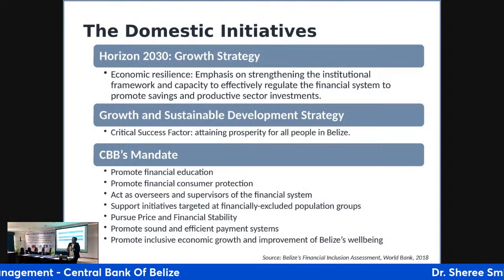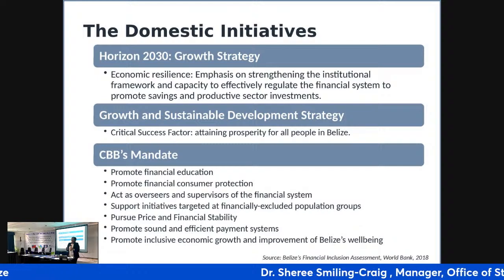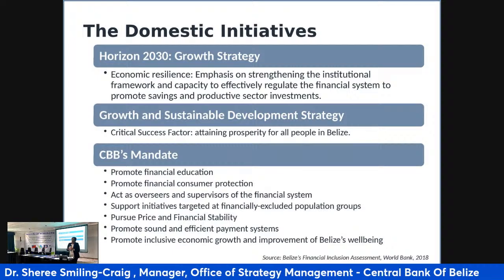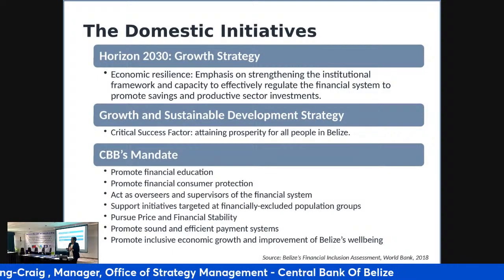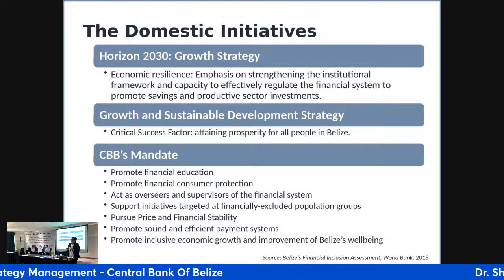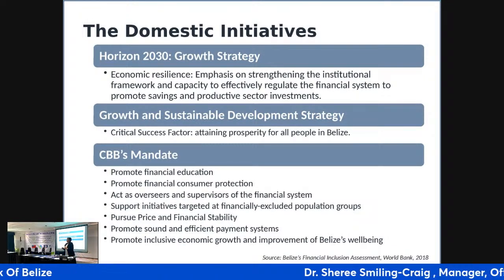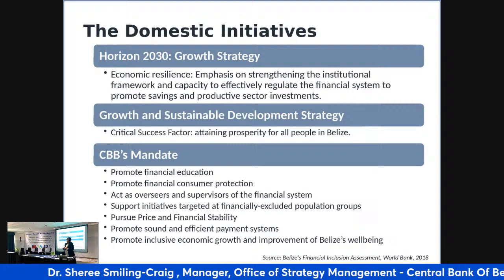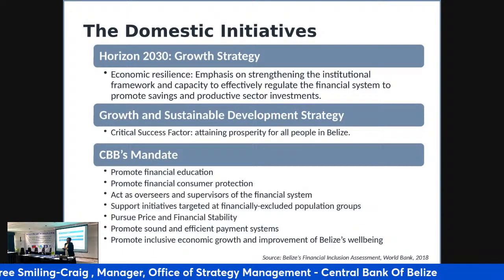When it comes to the education system per se, you will recall that in the primary school curriculum, financial concepts termed as financial literacy have been included already. And now it's a matter of rolling it out to all primary schools in our country, because we aim for 100% of our primary school children having financial education, understanding basic financial concepts.